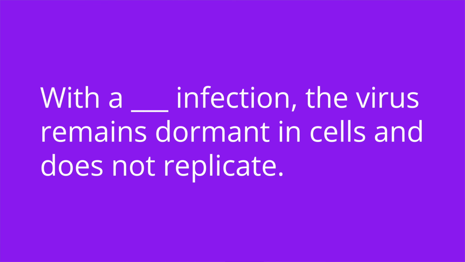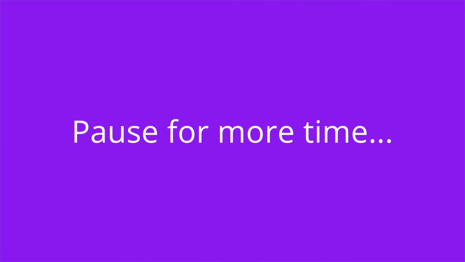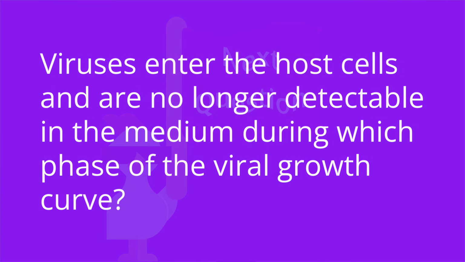All right, it's quiz time, and I have 3 questions for you. Question number 1. With a blank infection, the virus remains dormant in cells and does not replicate. The answer is latent. Question number 2.